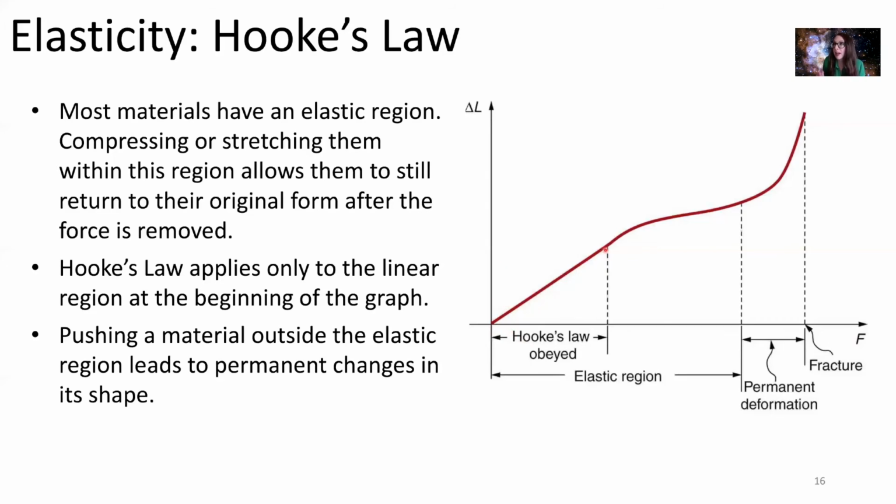If you start applying too much force to these materials, then you can get outside of this region where Hooke's law applies, and eventually we'll reach a region where you apply just too much force and the material just cannot take it and it fractures or breaks.